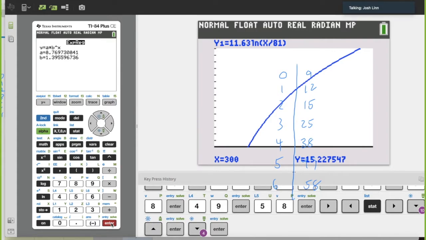We got A equals 8.7, blah, blah, blah. So let's write those down. 8.77. B is going to be 1.395. I think they said to the nearest tenth, but let's check.